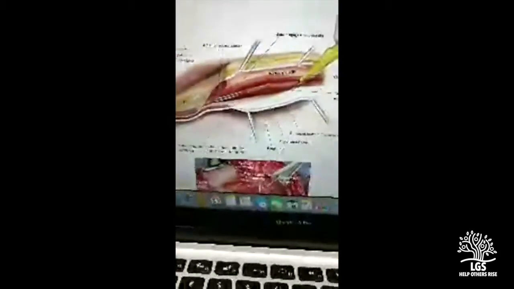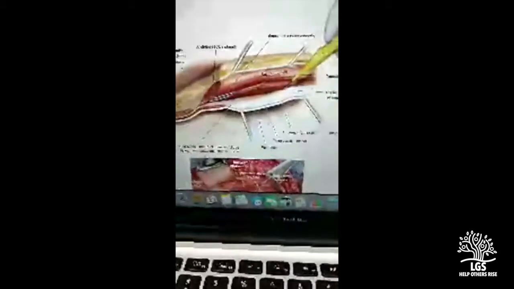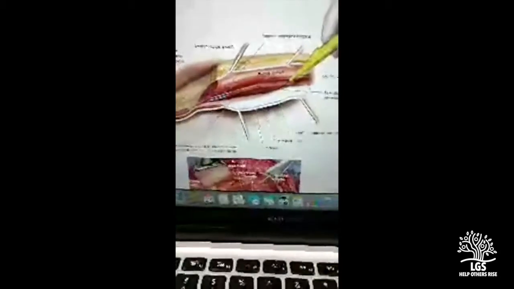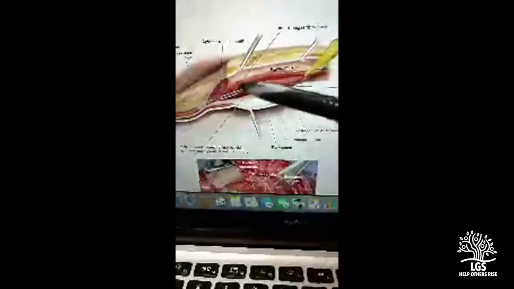Now let me take you across the atlas. This is the atlas by Professor Rosen, from which I am showing you the pictures. This is a typical Retzius space.